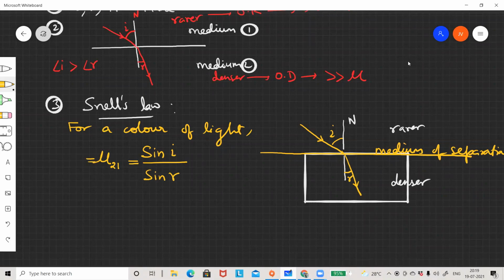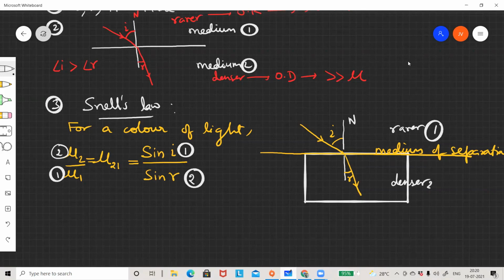So mu2 by mu1 means the refractive index of the second medium divided by the refractive index of the first medium, equal to sine of angle of incidence over sine of angle of refraction. The angle of incidence is in the first medium, and the angle of refraction is in the second medium. So rarer is first, denser is the second medium.